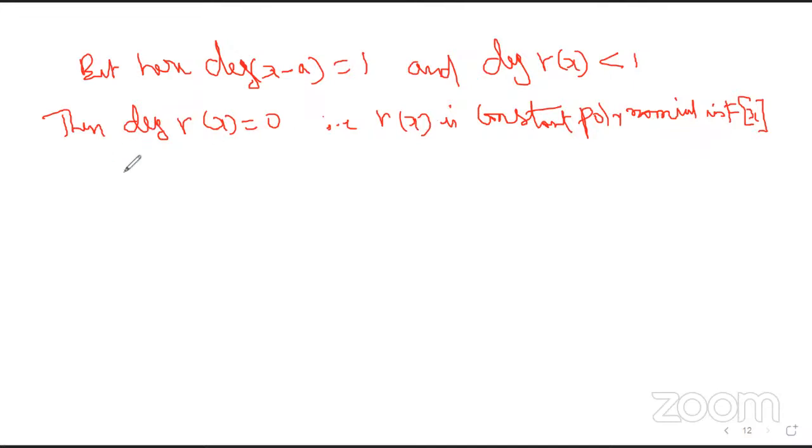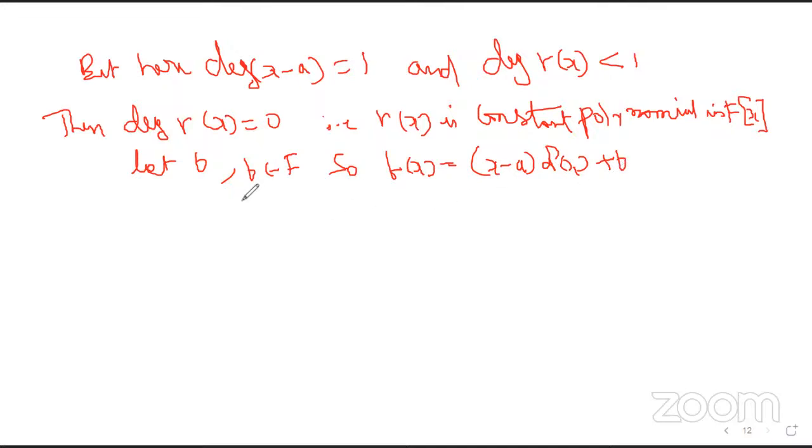Let r(x) equal b, where b belongs to the field F. So f(x) equals (x minus a) q(x) plus b.